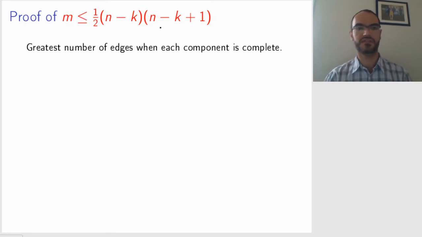So let's try to prove that. We want to prove that a graph consisting of k components, each of which is a complete graph, has no more than this number of edges.